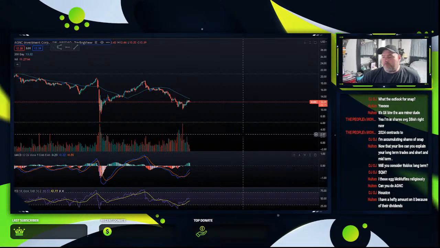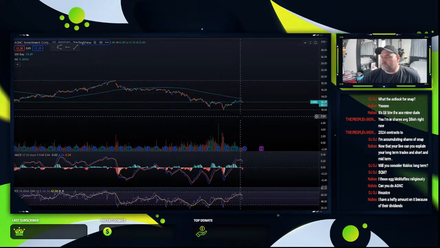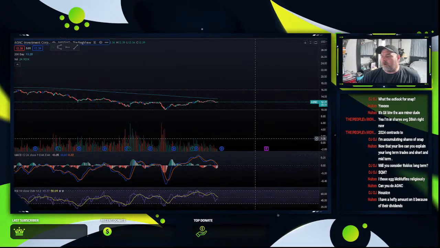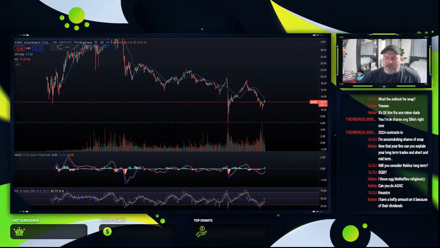It's been building positive momentum, negative on the daily. 4 hour is pointing towards more upside. But if you're holding it for dividends, you'll be all right as long as we keep making higher lows. And that's the key to anything.